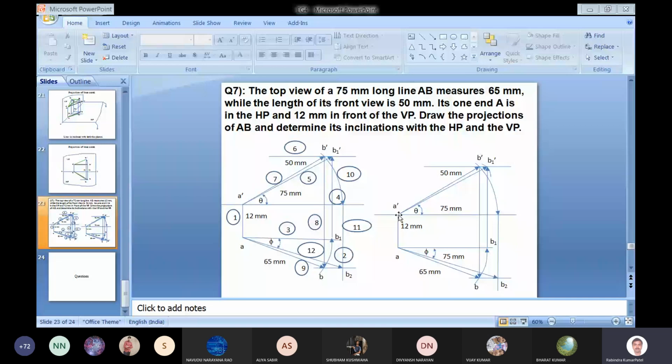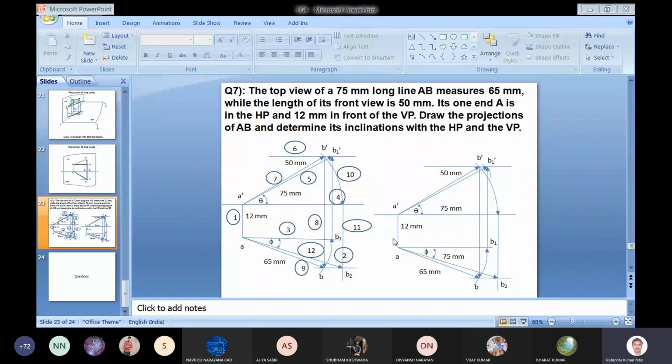So here we can draw a single line like this, A dash A. We can draw this line because we will have the projection of point A onto the vertical plane as A dash on the reference line, and on the horizontal plane it will be lying like this.